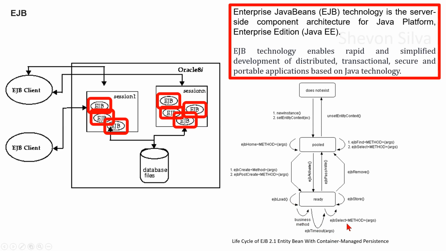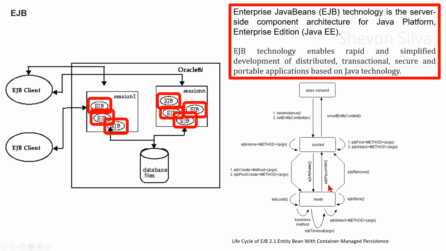To transition from the ready state to the pooled state, the container selects the entity bean as eligible for passivation and then invokes the ejbPassivate method.